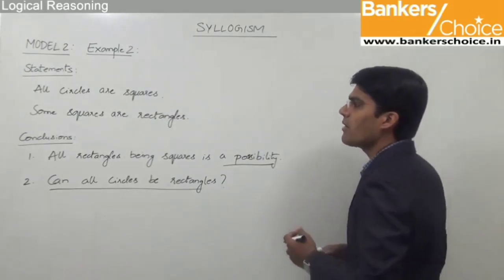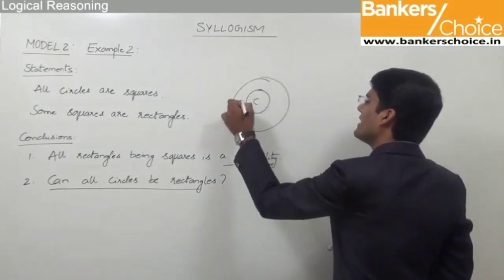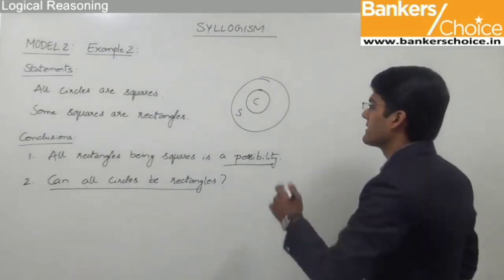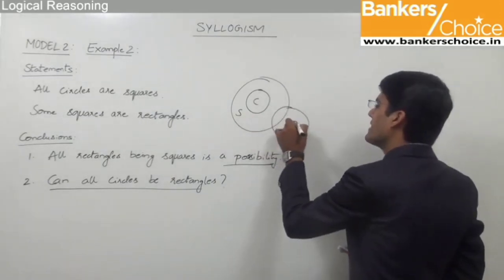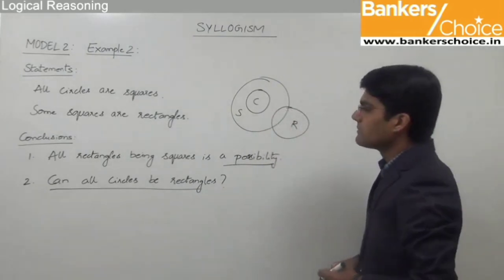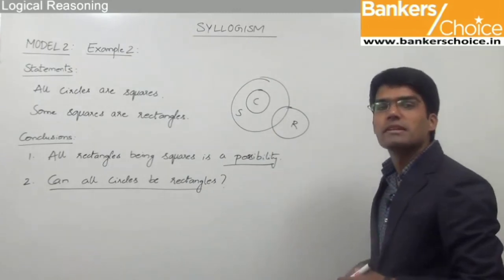The first statement here is all circles are squares. So all circles are squares can be taken as shown here. And the second statement is some squares are rectangles. So some squares are rectangles can be taken as shown, where these are the squares which are rectangles. Now, the first conclusion here is all rectangles being squares is a possibility.